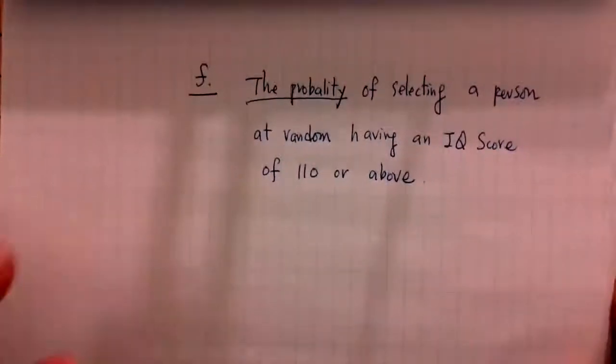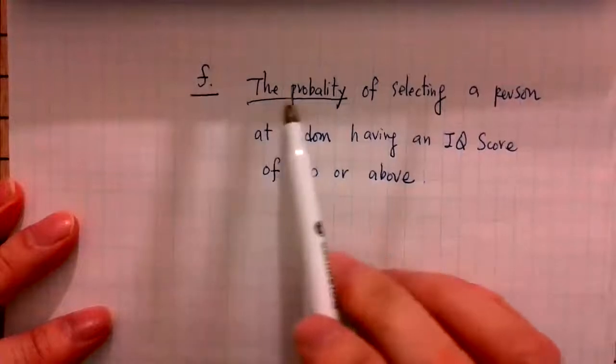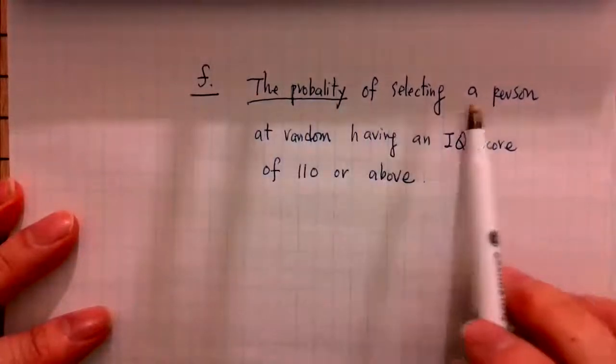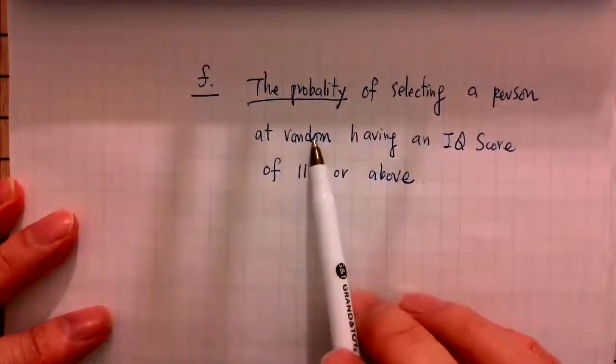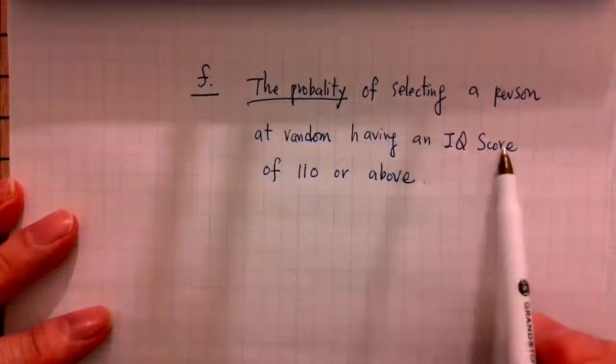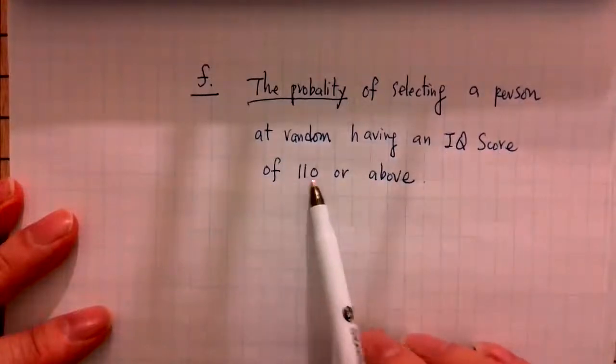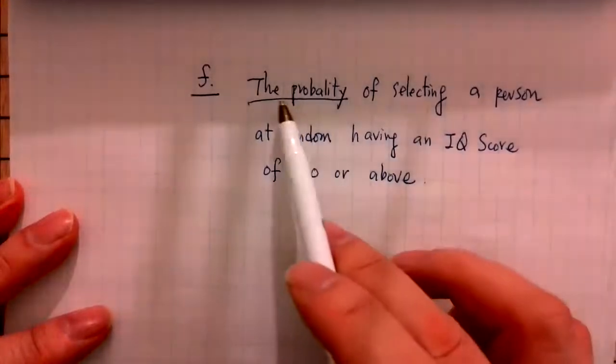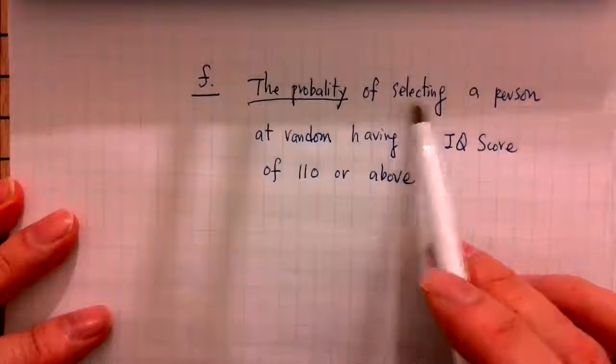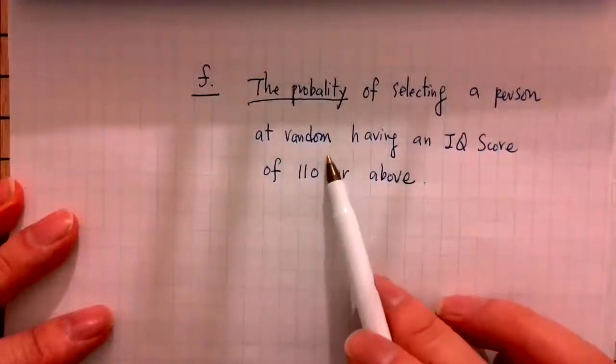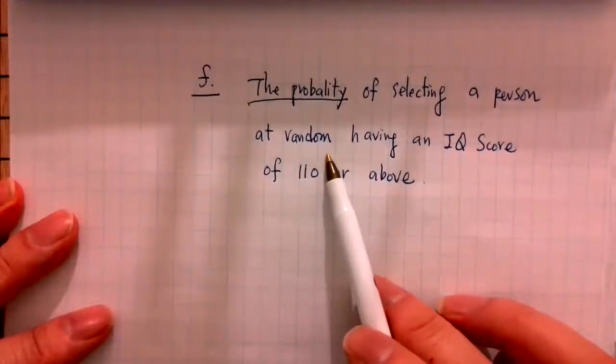Okay, let's look at part F. The probability of selecting a person at random having an IQ score of 110 or above. Look here, the probability of selecting a person at random. This is from a probability point of view.